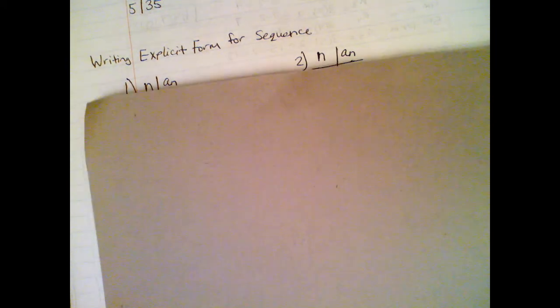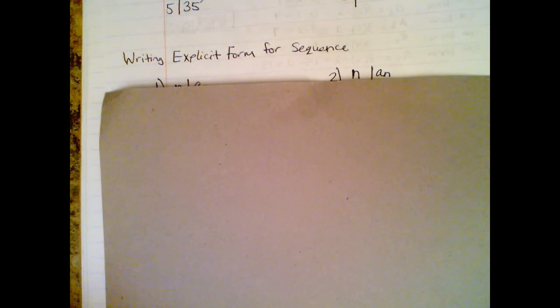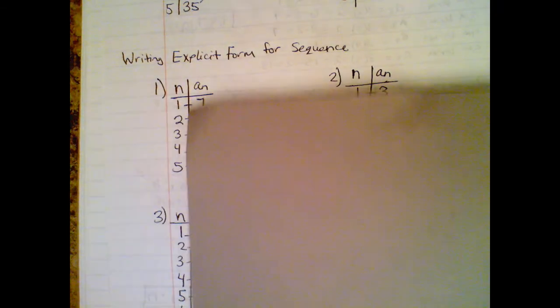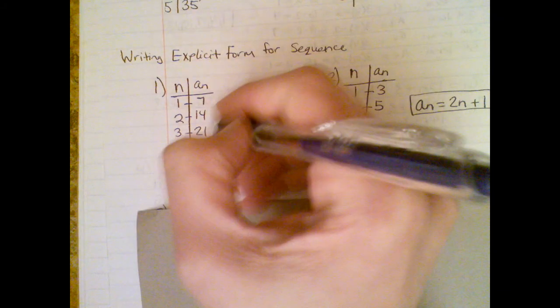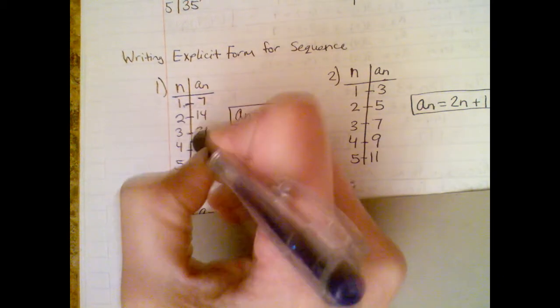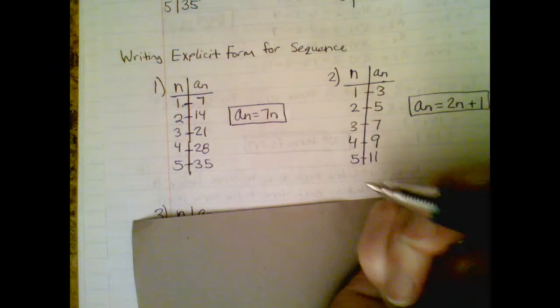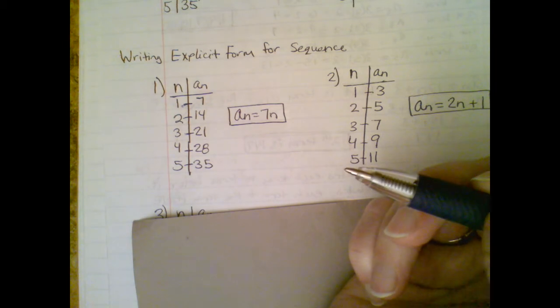The next one is writing an explicit formula. So for this one, explicit means that we're relating it to the term number itself. So if we look at this one, instead of relating it to the previous term, so up and down in this column or diagonal, we're looking across for the pattern. Okay, so I'm going to make these lines to help us.